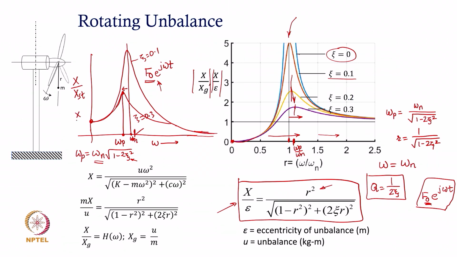So, x over xst will approach a very low value as the speed increases to a very large value, whereas you are seeing here that this response ratio is approaching a value of 1. And what does that signify? That at very large rotational speed, this amplitude of response x over epsilon will approach a value of 1, which actually means that the amplitude will approach a value of eccentricity.